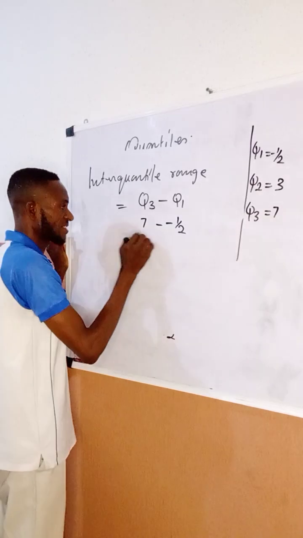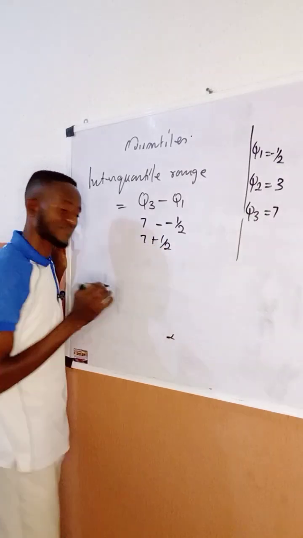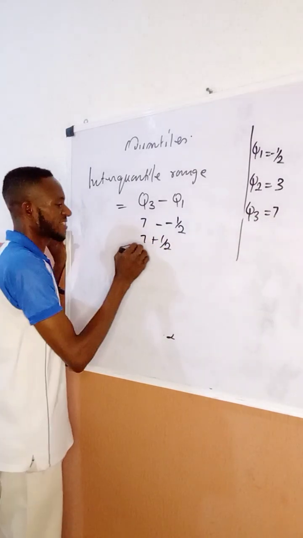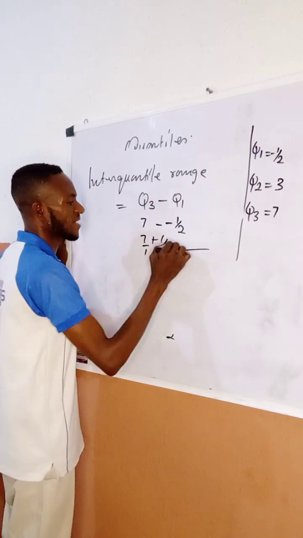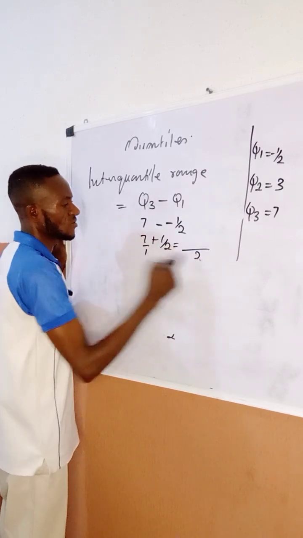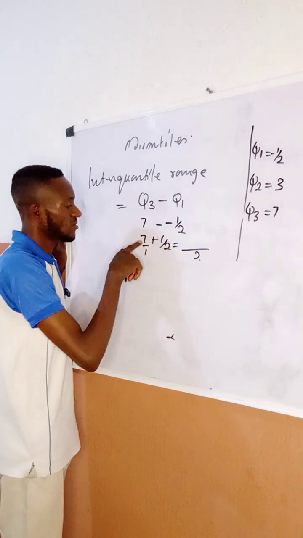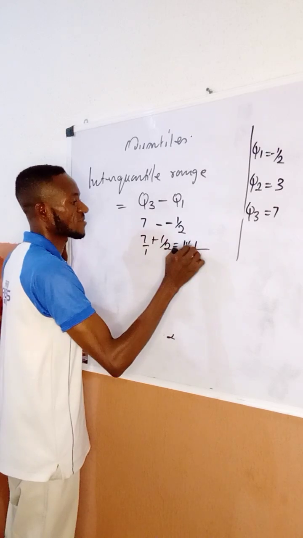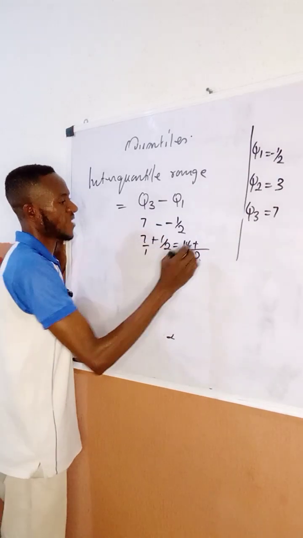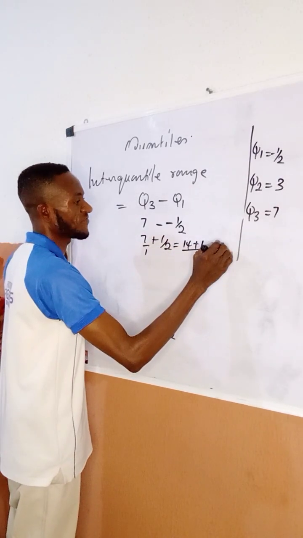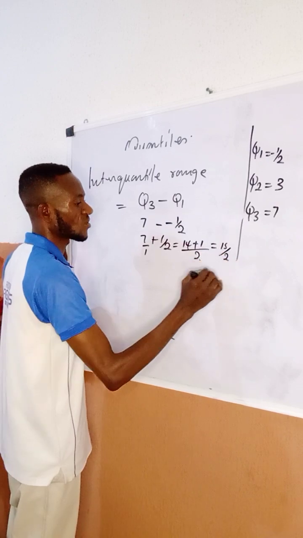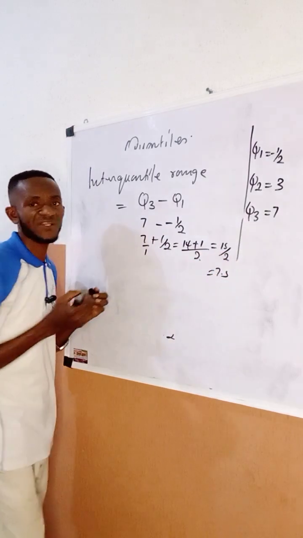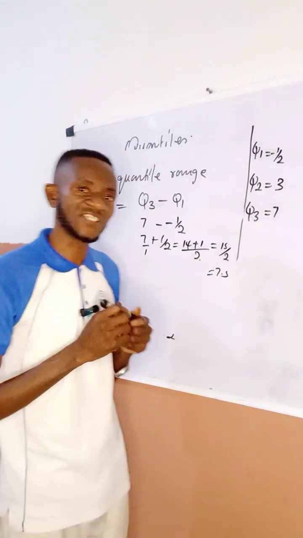And of course, you know that this is 7 plus 1 over 2. You can decide to say all over 1, and LCM now becomes 2. 2 divided by 1 is 2, times 7 is 14 plus. 2 divided by 2, 1. 1 times 1 is 1. And you have 15 all over 2, which is 7.5. That is the interquartile range.